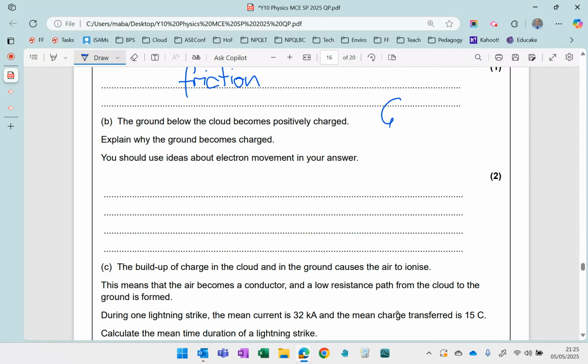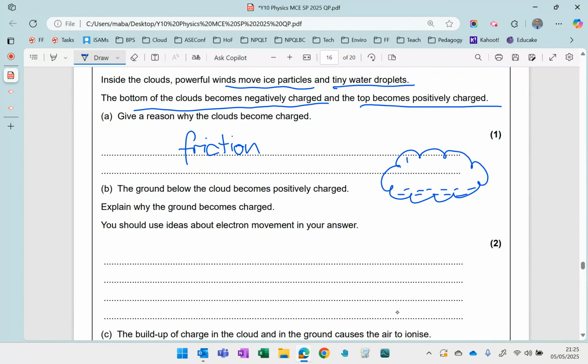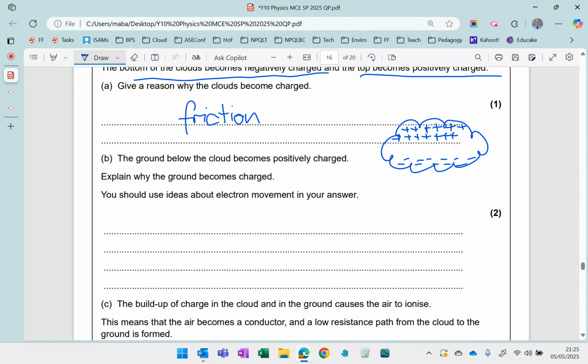Right, so here we've got our cloud like this, and the bottom of the cloud is negatively charged. Is that what he said? I think so. Yep. And the top obviously has got to have an equal amount of charge but opposite sign. Okay, I think that's enough positive signs.